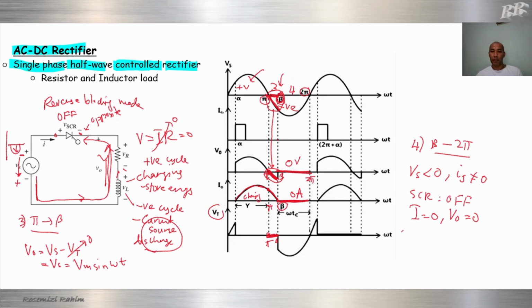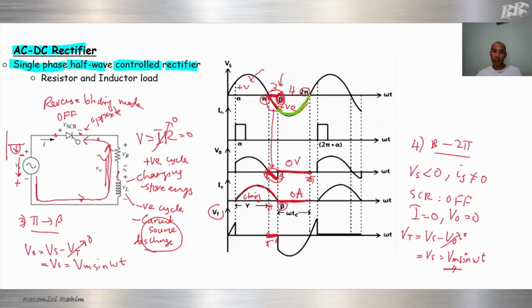And how about the VT? VT is equal to Vs minus V out. V out is 0, so Vt will be equal to Vs equal to Vm sine omega t. So our Vt will follow the input. Graph the input like this, from beta to pi.